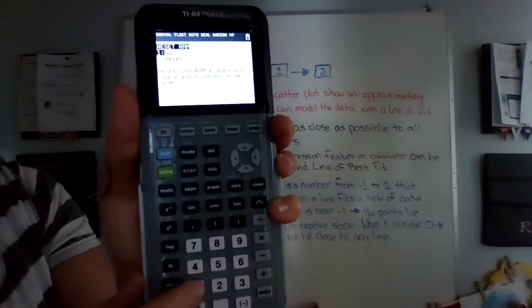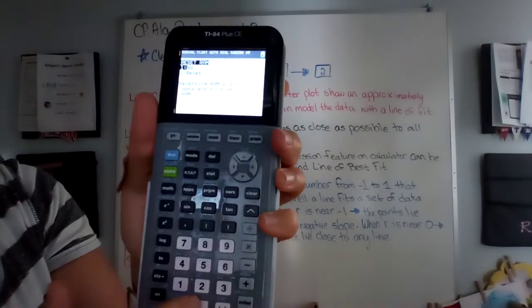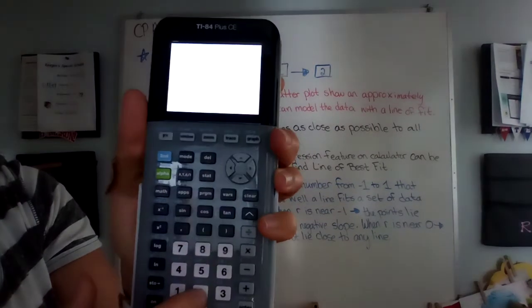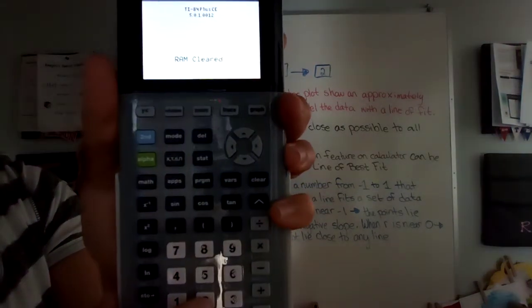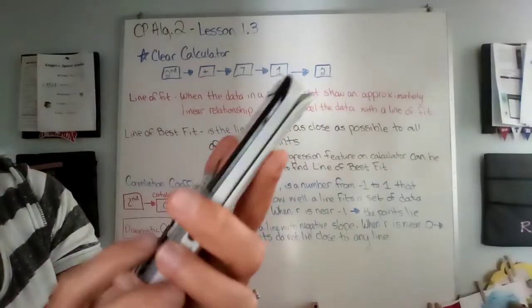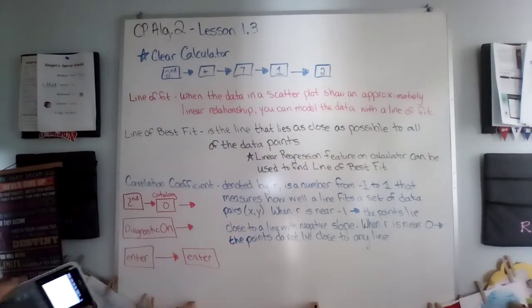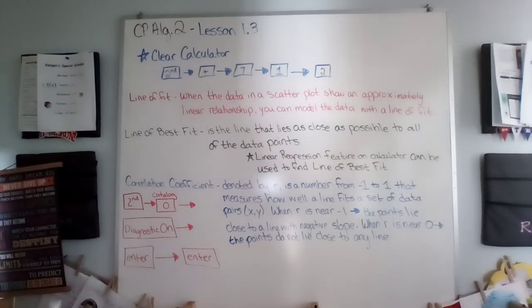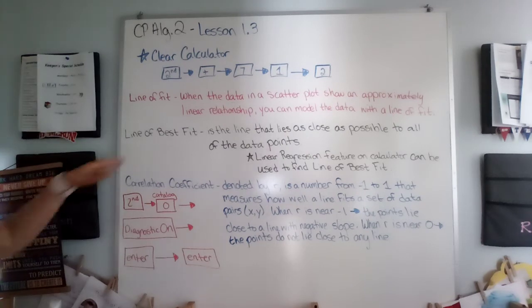And then 2, because number 2 says reset. So you can scroll down and hit number 2, or just hit the 2 and it will do it for you. And then it says RAM cleared. Okay, so now our calculators are cleared. There's going to be other things I'm showing you with the calculators throughout the lesson today and tomorrow, so just make sure you have them nearby. Okay? All right, so that's how you clear your calculator.